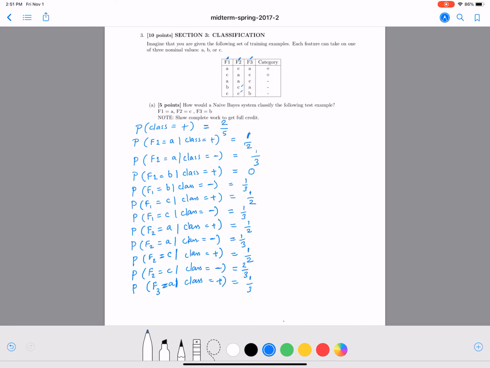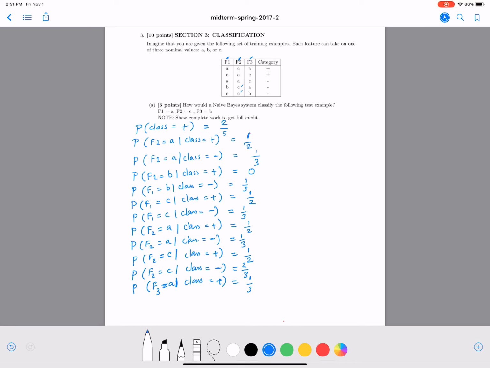Now there are 3 total number of values. There is only one where F3 is equal to A, that is 1 by 3. Sorry, the value F3 is equal to A, class equal to plus, that would be 1 by 2.